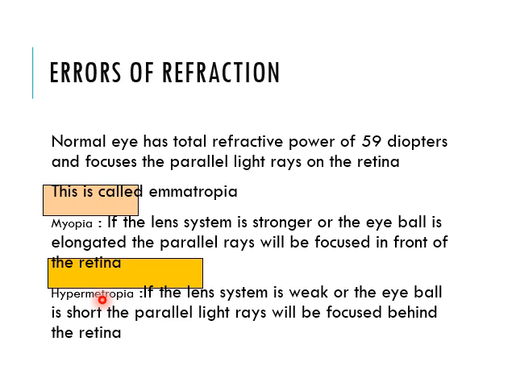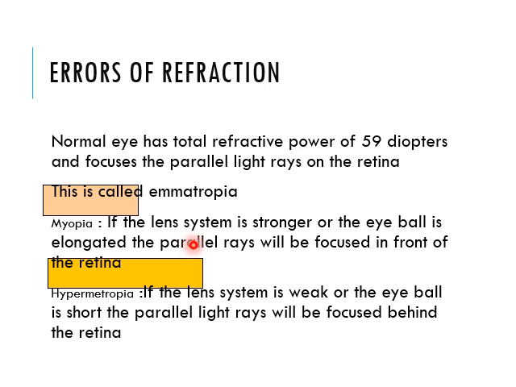There are certain physiological and physical reasons why these occur. For example, in myopia, the lens system is very strong as compared to the normal eye, or the eyeball is more elongated.